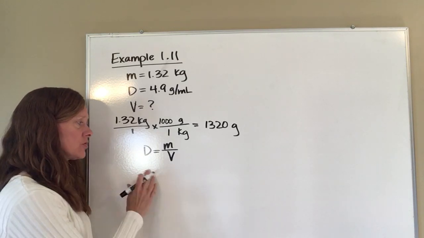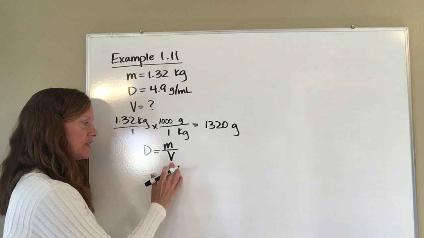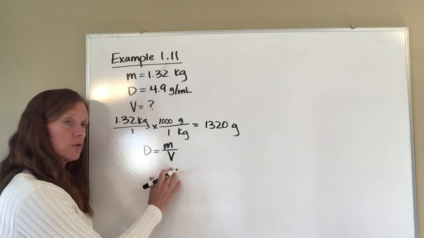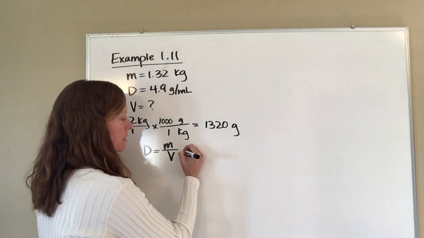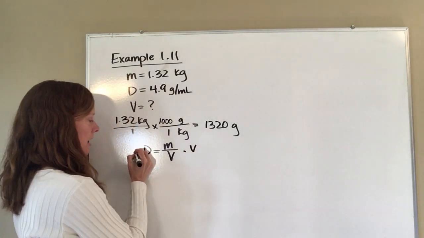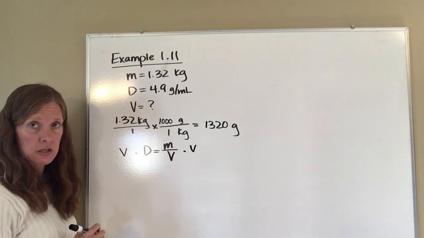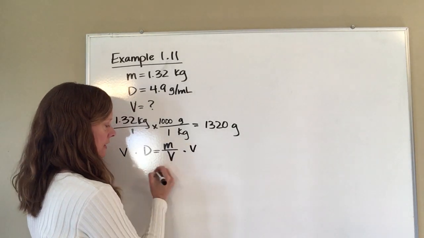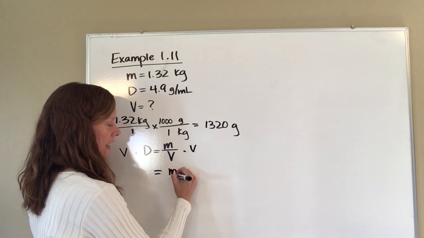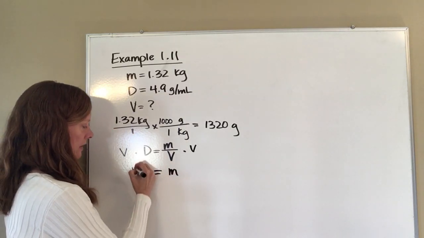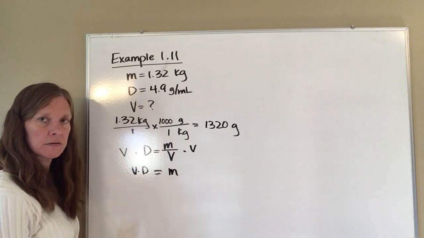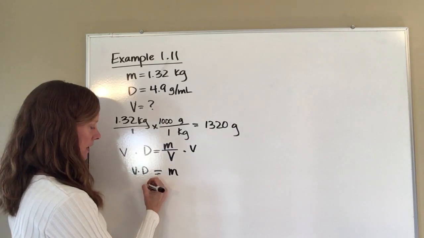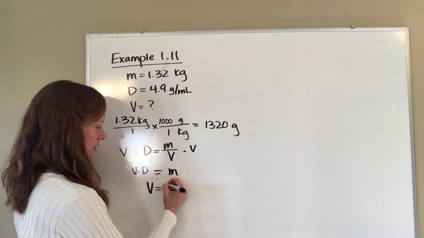In order to do that, first of all, you need to get it out of the denominator. So I'm going to multiply both sides by V. My V's are going to cancel out, and I'm going to be left with an M on this side, and I'm going to have V times D on this side.